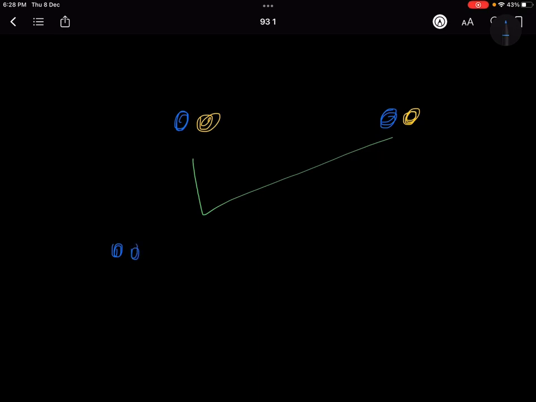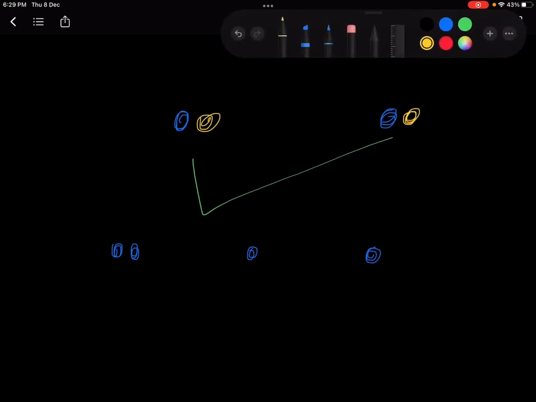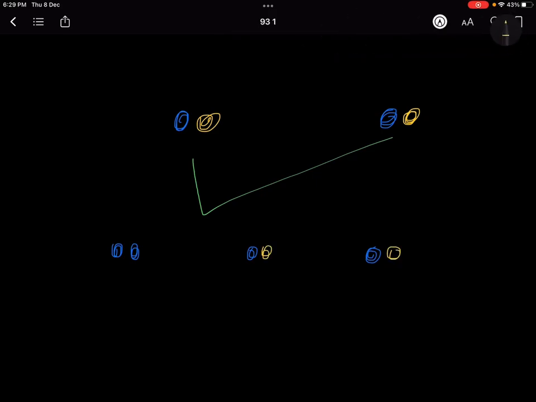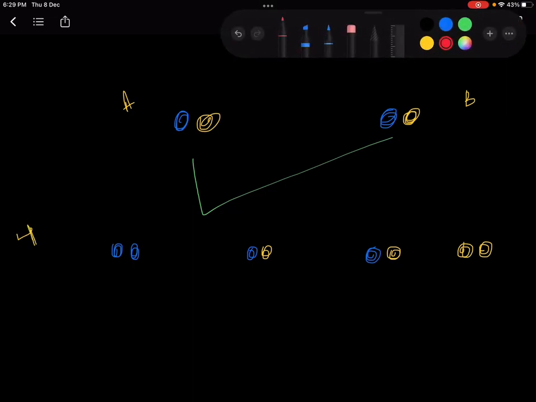So these are the 4 combinations that are going to be there, right? If this is parent A, this is parent B, these are the 4 likely combinations. Now let us assume that the blue one is the dominant trait.